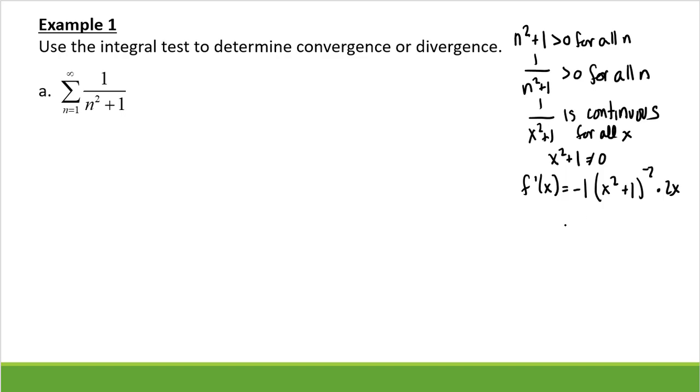That simplifies to negative 2x over x squared plus 1, which is less than 0 for all x. So again, you have to state positive, continuous, and you have to prove that it's decreasing in order to use our integral test. So now I can use the integral test.